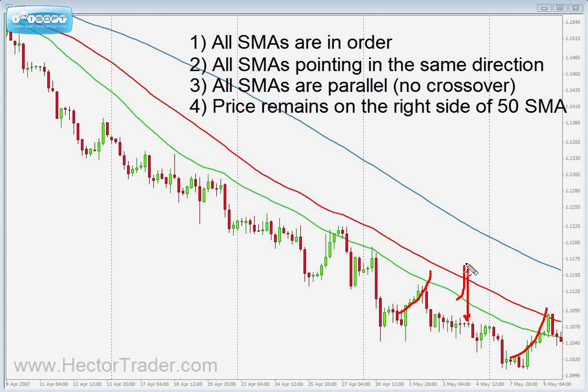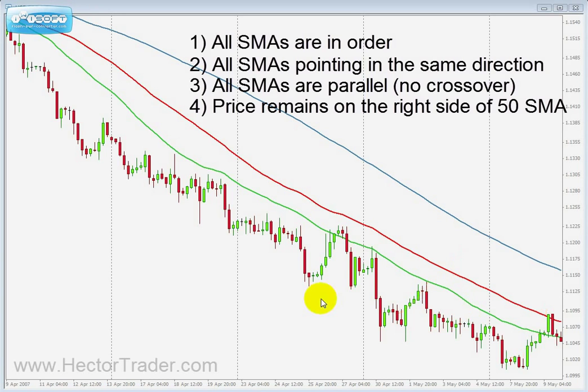As long as that breach above doesn't take more than 1, 2, 3 bars maximum, and within 1, 2 or 3 bars price dives back down into the right side of the 50 simple moving average, we can safely say that the trend is still in place.